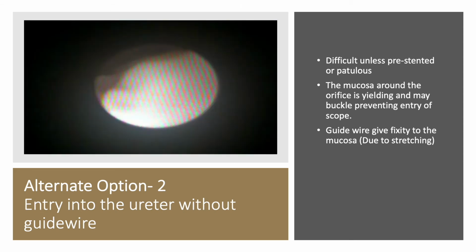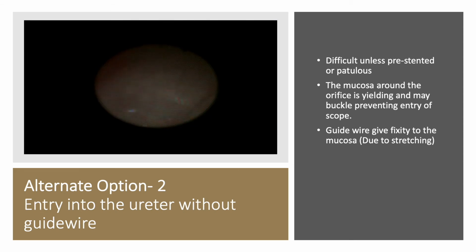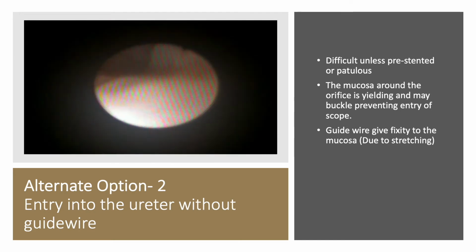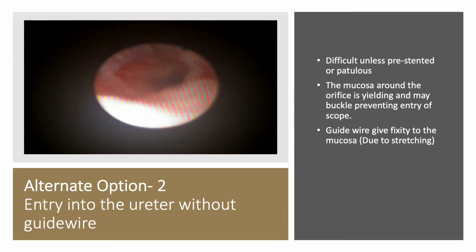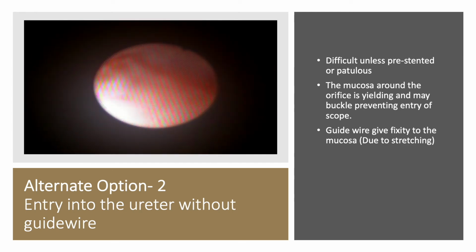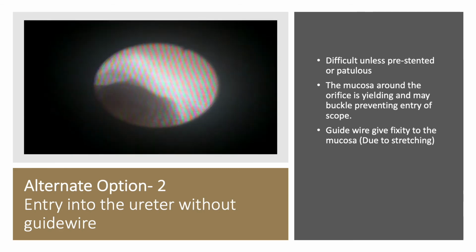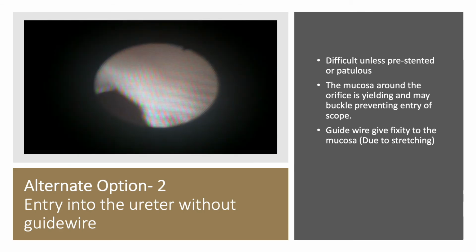There is one more alternate option which can be tried. That is entry into the ureter without even a guide wire. But it has a few limitations. It may be difficult unless we are dealing with a pre-stented or a patulous dilated ureter. You can attempt this after a ureteric dilatation.